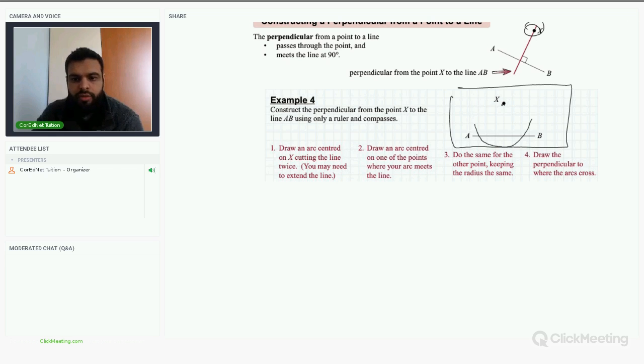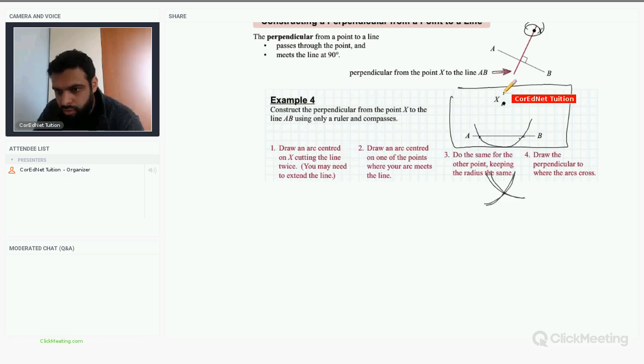Okay, good. So once you've drawn your arc, you're going to get your compass again and put it on the parts where it crosses. So it crosses here. You're going to draw yourself another arc there, and you're going to put your compass there again and draw another arc there.